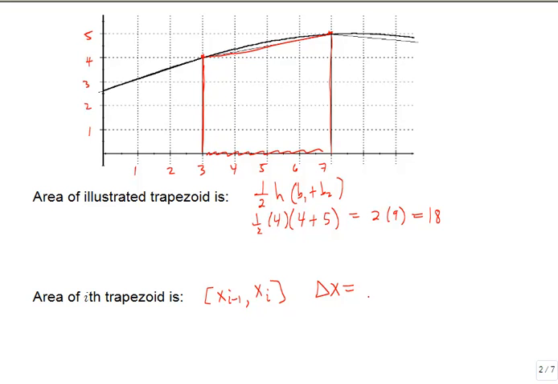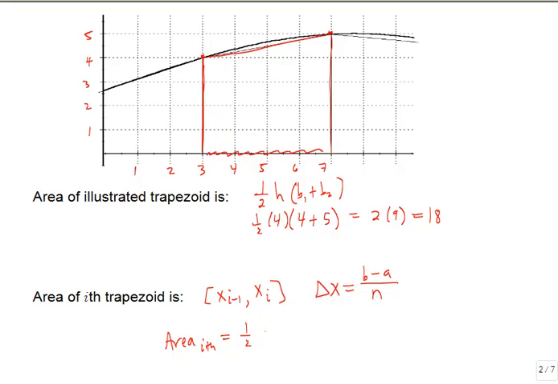And just like we do with our rectangles, if we want to make sure that each of our trapezoids has an equal width, then we're just going to take our interval from a to b and find that distance, so that would be b minus a, and we're going to chop it into n equal sized trapezoids. If we look on this particular subinterval, then the area of that ith trapezoid is going to be 1/2 times the height, and the height is going to be this distance going across, which is exactly our delta x.